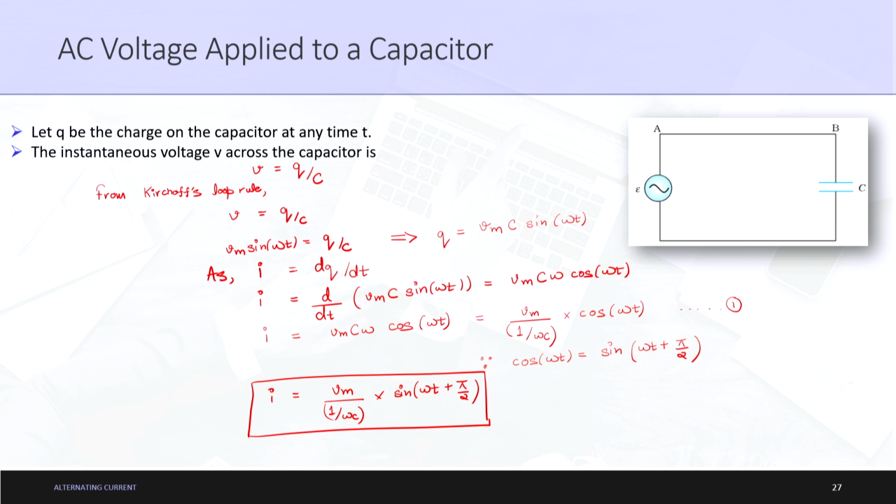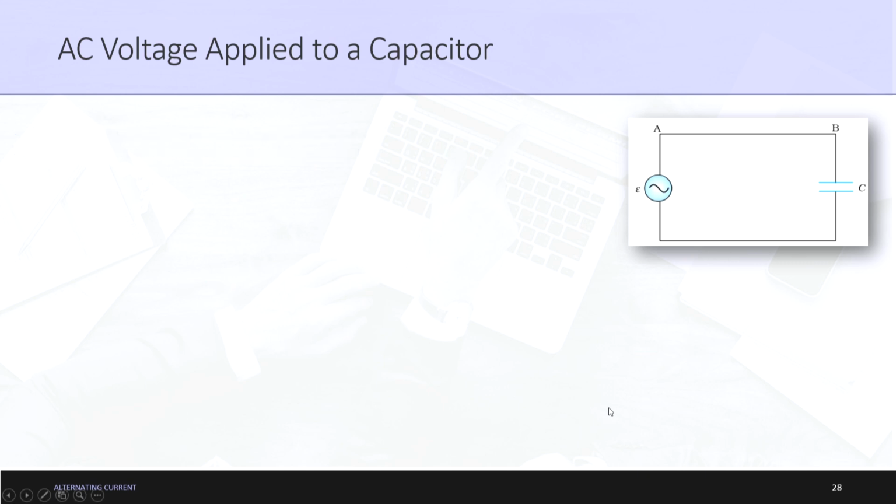Okay. So, let us now define the concept which we just derived. So, we got that I is nothing but equal to I m sin of (omega t plus pi by 2). What is I m here?